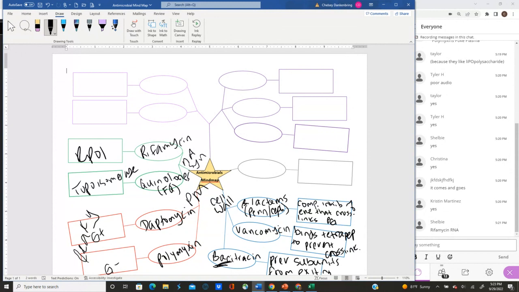By binding to RNA polymerase, it can't bind to the DNA, which it needs to make RNA. Because remember, y'all, in transcription, we start with DNA, we make RNA. But if the key player, RNA polymerase, can't access that DNA, then it can't make any RNA.